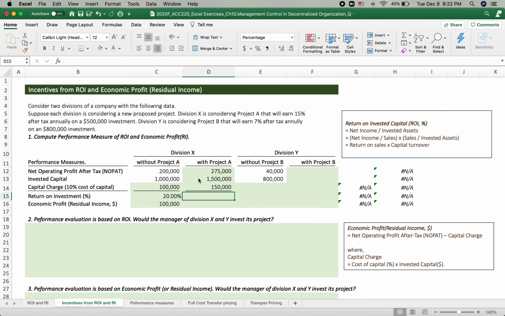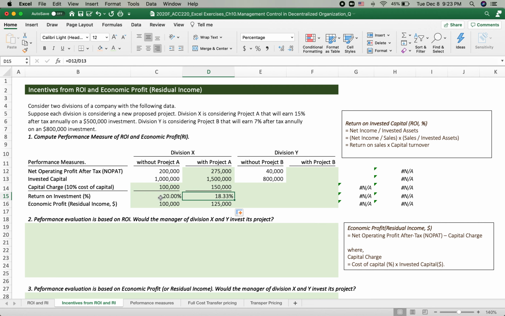So we got it. So for the new return on investment, I'm going to just drag to the right, then to the right. So we got the return on investment result of 18.33% for division X if division X added project A.